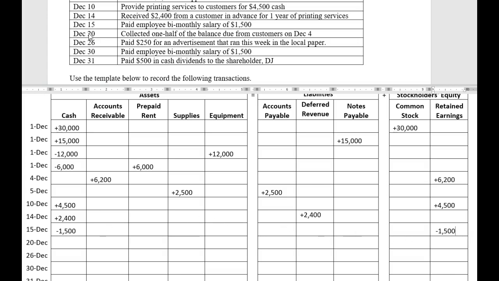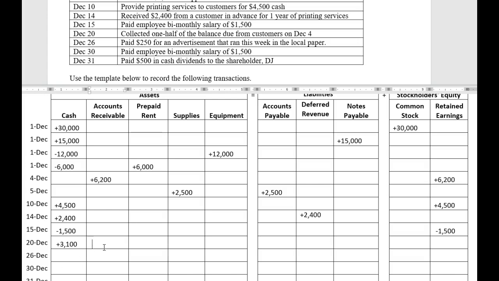Okay. The 20th. We collected 1/2 of the balance due from the customers on December 4th. So look back. Remember, our customers, we provided services on account for $6,200. What it's saying here is that we're collecting some of that. When we collect on an account, that means our cash is going to go up, and we collected 1/2 or $3,100 because notice they owed us $6,200 from December 4th.